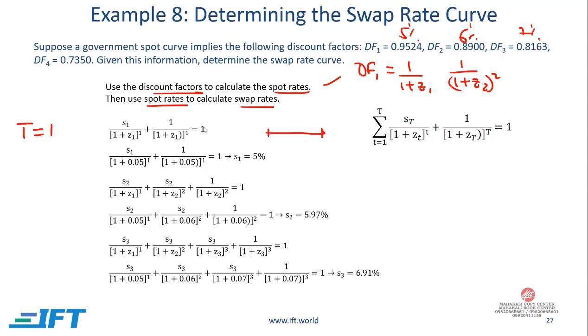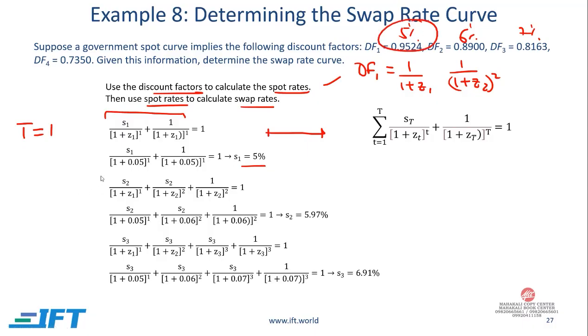So assuming a par value of 1, the present value of a floater is 1, and this is the present value of the fixed payments, just one fixed payment, and then 1 is the par value. From this, we can calculate that the fixed swap rate is 5%. And this makes sense because there are no cash flows in between, so we get the same number.